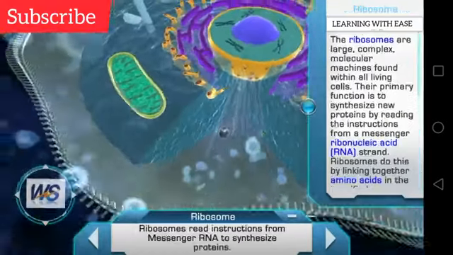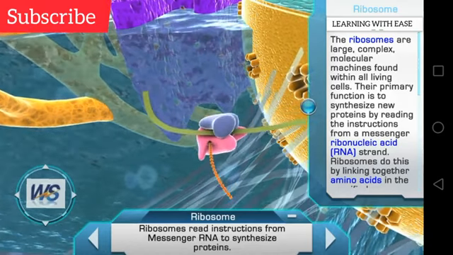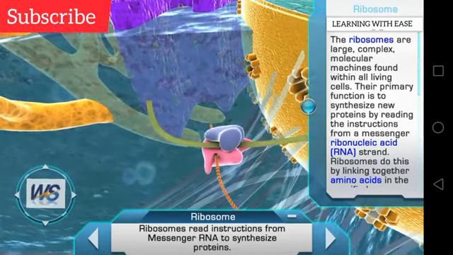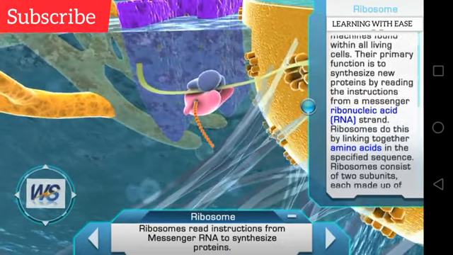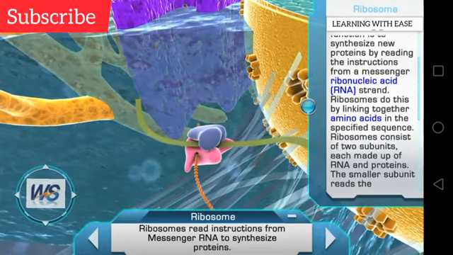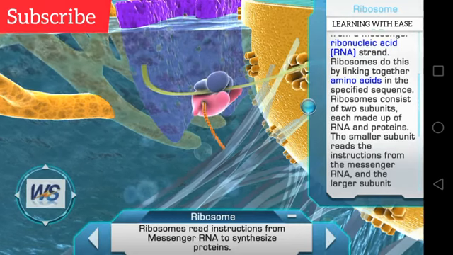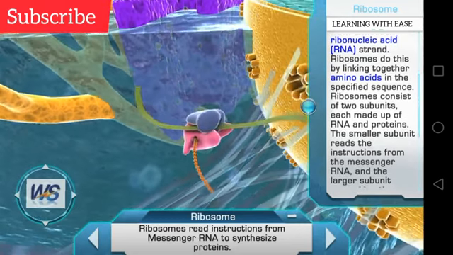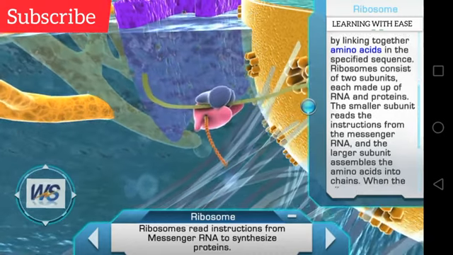The ribosomes are large, complex molecular machines found within all living cells. Their primary function is to synthesize new proteins by reading the instructions from a messenger RNA strand. Ribosomes do this by linking together amino acids in a specified sequence. Ribosomes consist of two subunits, each made up of ribonucleic acid, or RNA, and proteins.